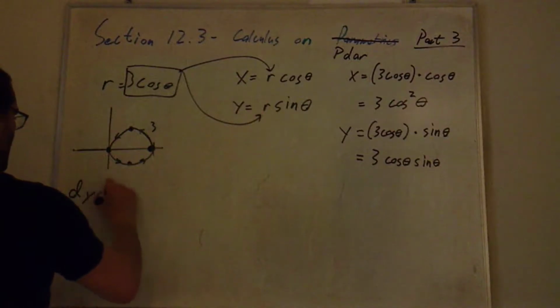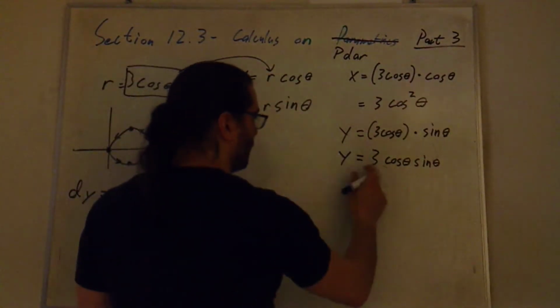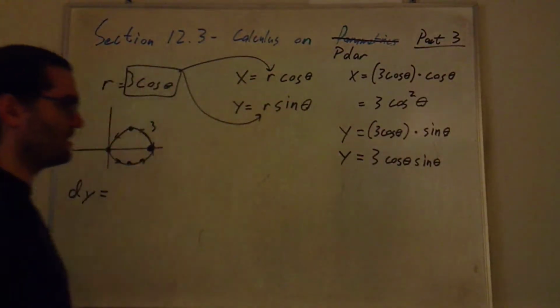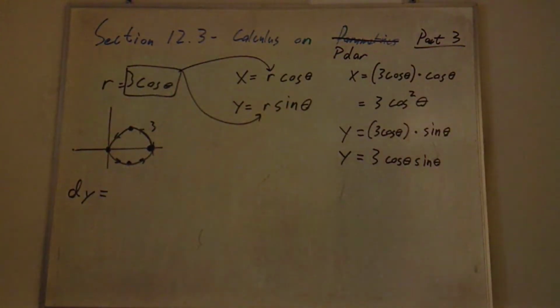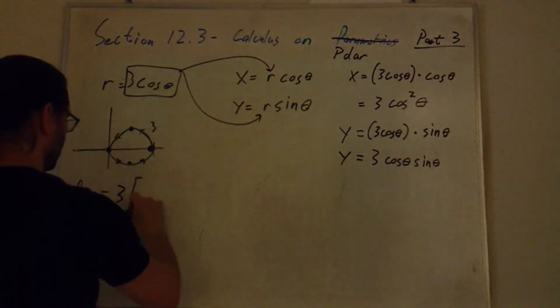Start with dy. Y is 3 cosine theta sine theta, which means that the derivative of y needs to involve the product rule. 3 is a coefficient, that can hang out.